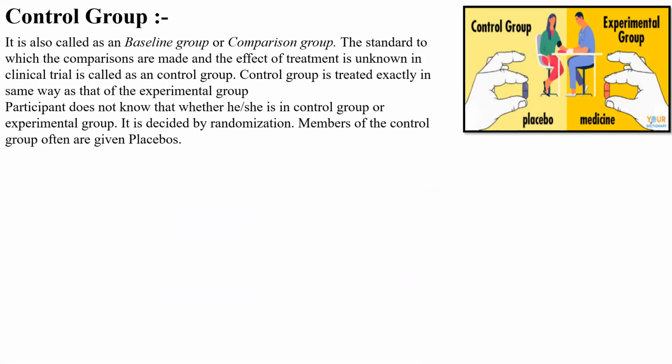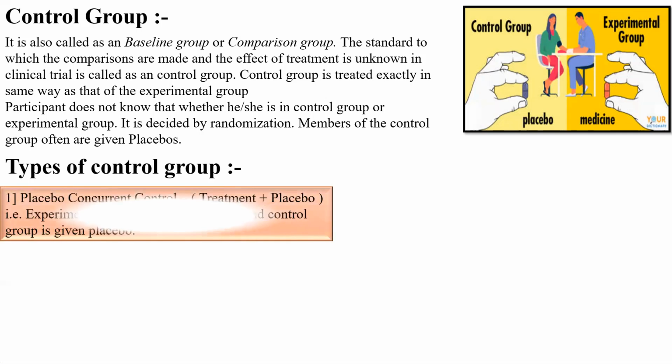The control group is handled in exactly the same way as the experimental group, and the participant does not know whether he or she is in the control group. The group is decided by randomization.